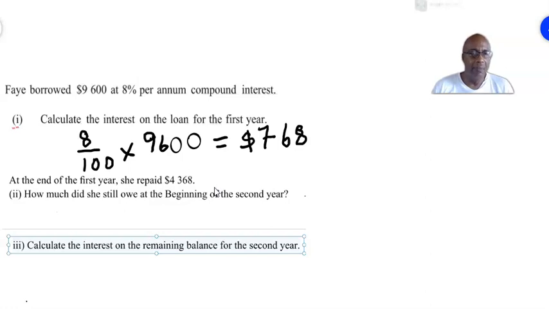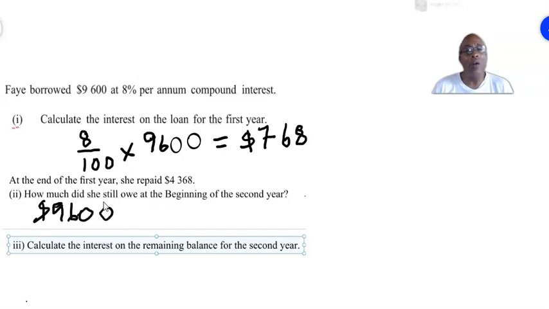Let's go on. At the end of the first year, she repaid $4,368. How much did she still owe at the beginning of the second year? Remember, the original amount she borrowed was $9,600.